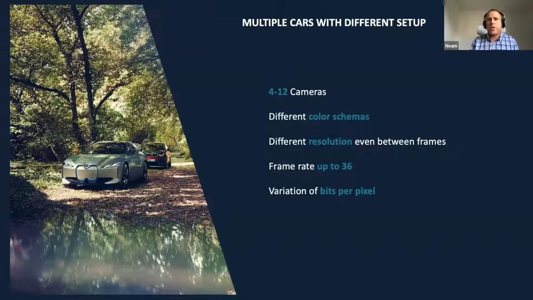To get a better quality picture, you might want more bits per pixel, and that also changes. So all these changes affect which data we actually need to process.